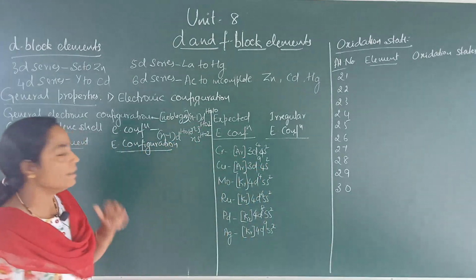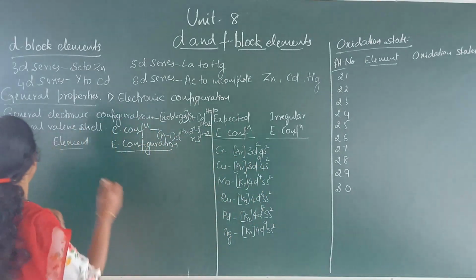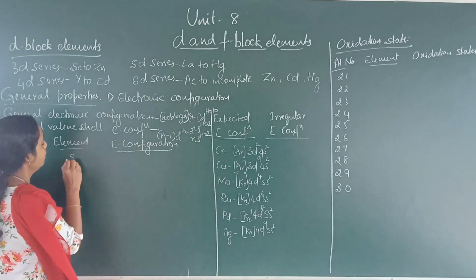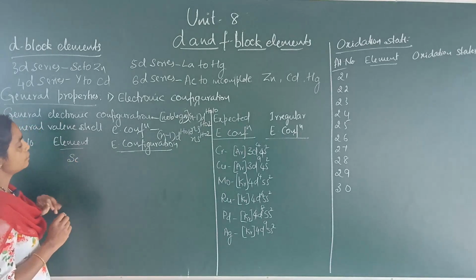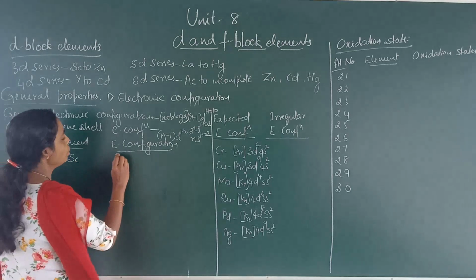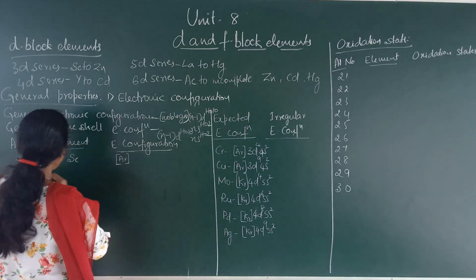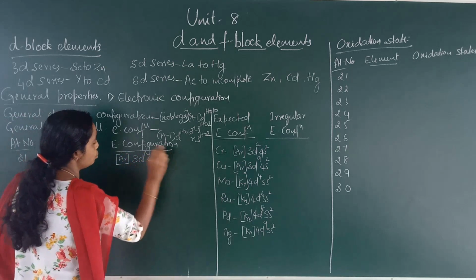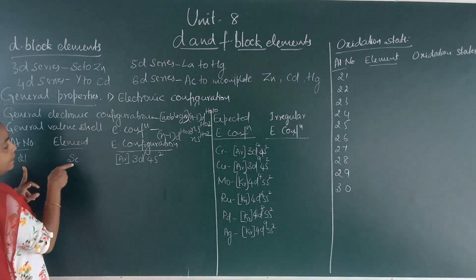Now to explain this, I will consider 3D series elements as an example. The element with atomic number 21 is scandium, symbol capital S, small c. The electronic configuration is noble gas argon, 3d1 4s2. There are 21 electrons present in scandium.